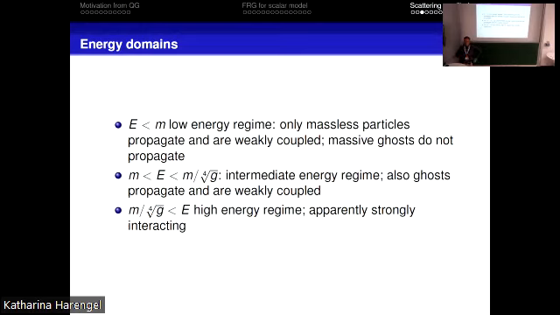The massive ghosts cannot be excited because you are below the threshold for production of massive particles. Then there is an intermediate scale where the ghosts also propagate, but they are still weakly coupled. And then there is a high energy regime where apparently you enter into a strongly interacting phase. We don't fully understand what happens there, so we'll mostly talk about the first two regimes.